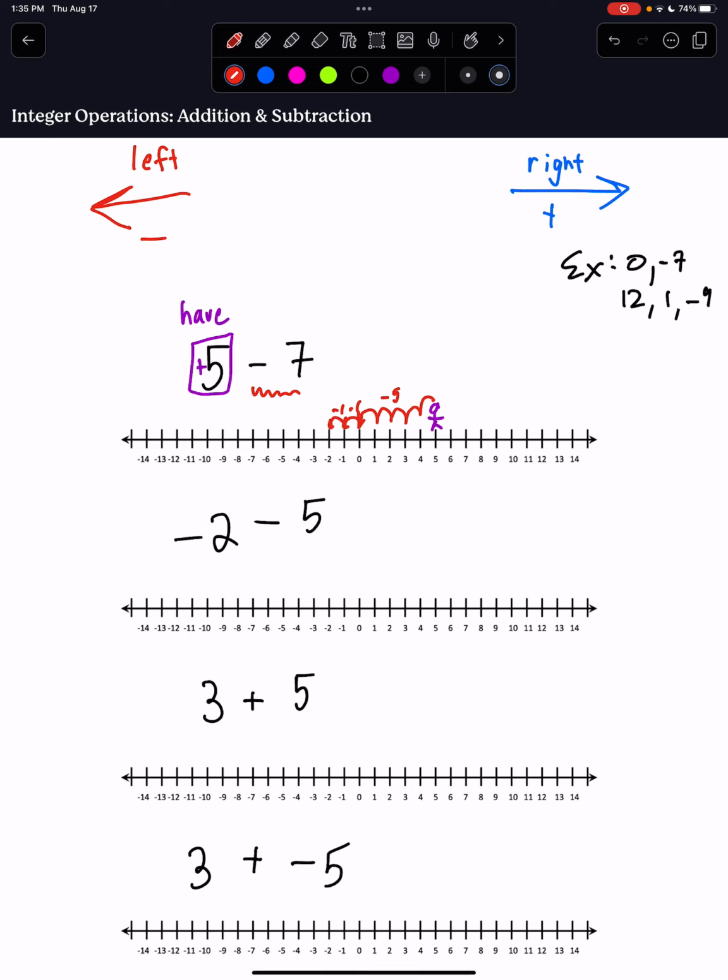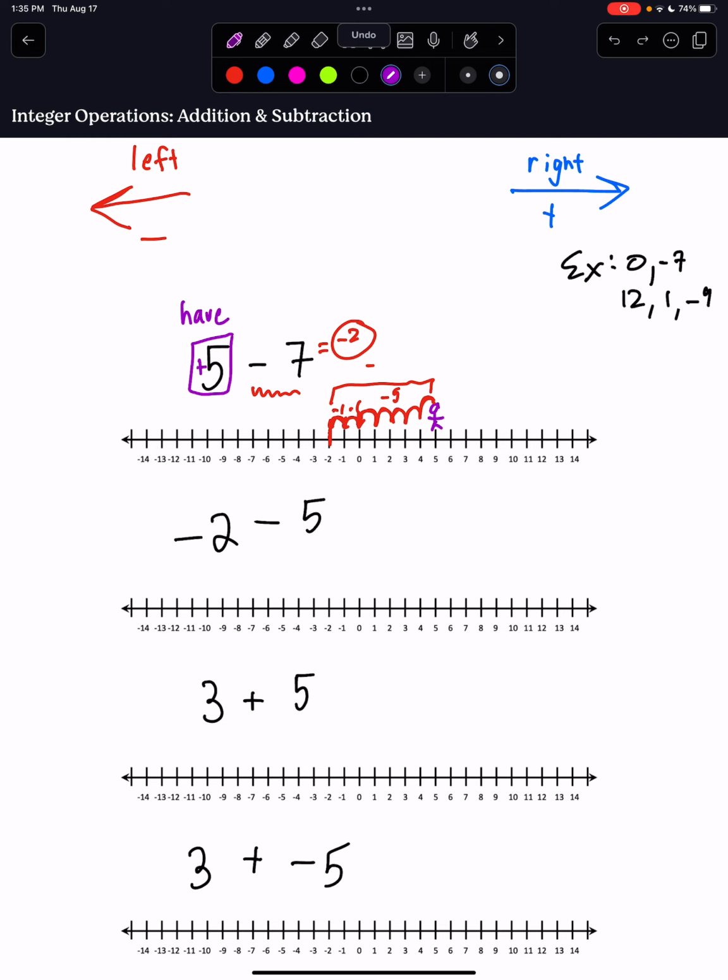So you could also just count all the hops. If that was weird what I just did, that was truly going 7 to the left. If you want, you can just count 7 to the left. Count carefully. 1, 2, 3, 4, 5, 6, and 7. And see where you end up. You end up at -2. That is the result.